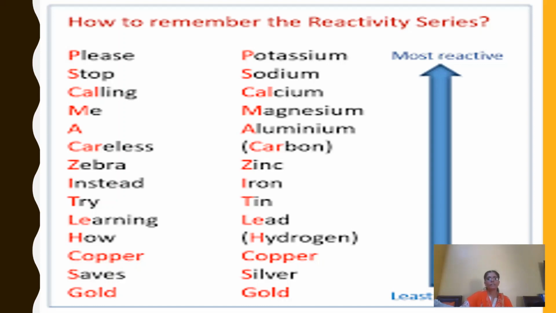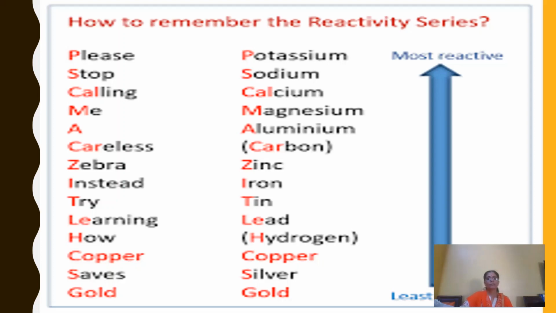Suppose you take potassium and a magnesium compound, that is magnesium sulfate. Potassium, as it is more reactive, can displace magnesium from its compound.